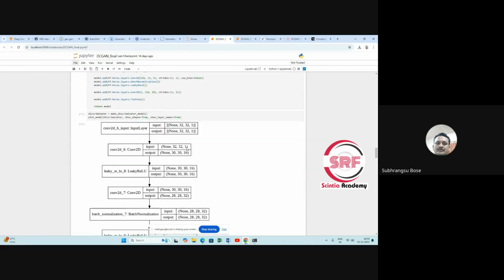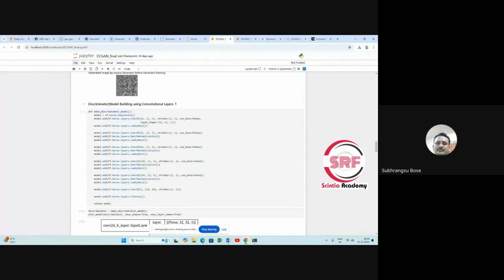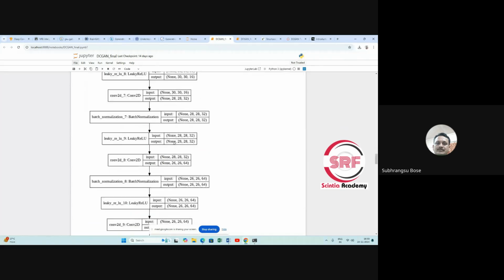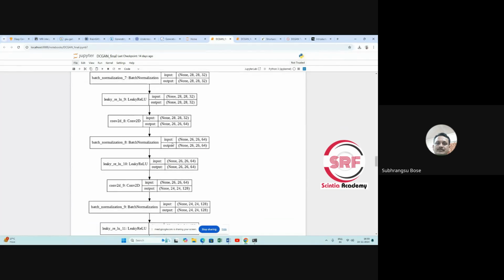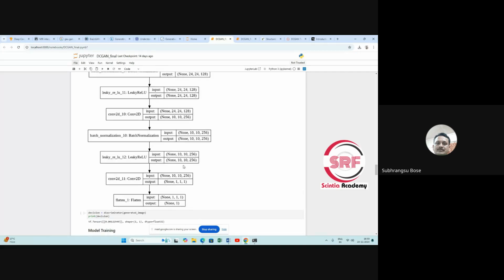That's why transpose convolution network is not required for discriminator model. Here convolution CNN model is required. Here just see the structure.